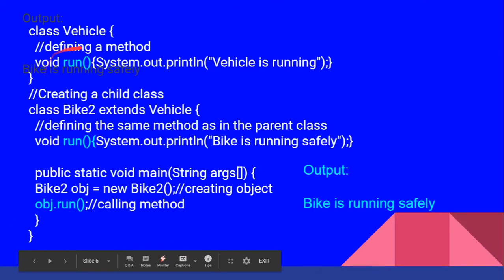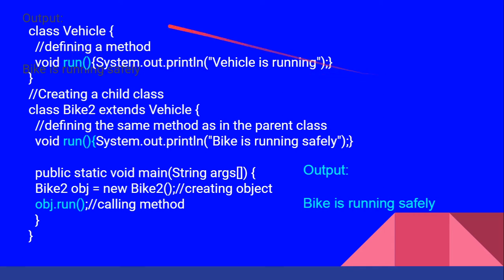Now the same example extended: class Vehicle, with the method void run, System.out.println vehicle is running, as in the previous program. Now we create a child class, class Bike2 extends Vehicle.